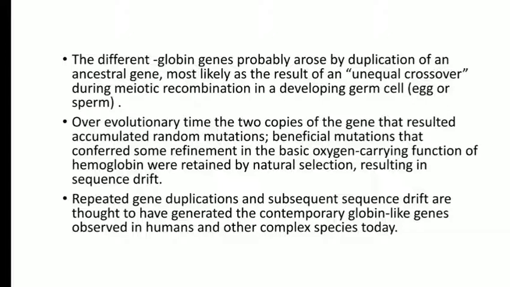Beneficial mutations that confer changes in the basic oxygen carrying function of hemoglobin were retained by natural selection. This results in sequence drift. Repeated gene duplications and subsequent sequence drift have generated the contemporary globin genes.